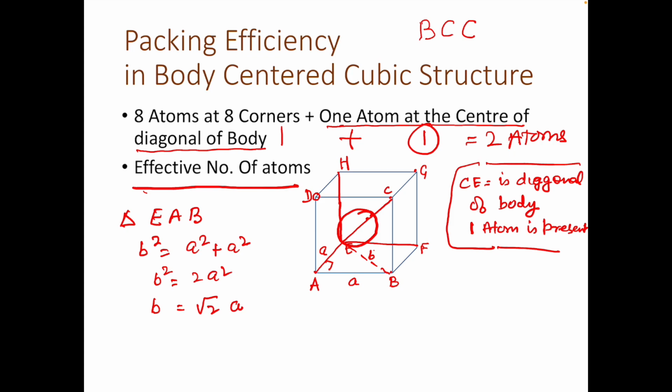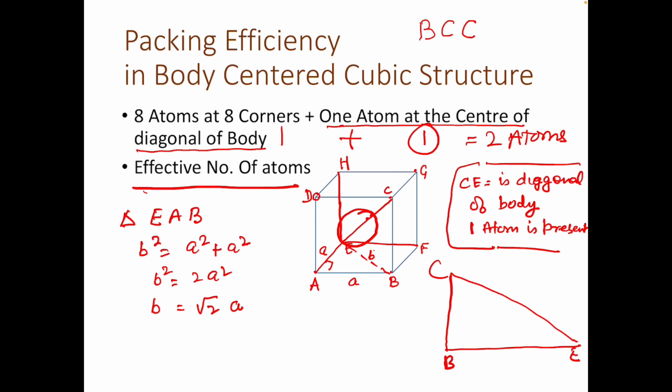Now we take another triangle, BCE. Here CE is the diagonal of the body. For simplicity, we have drawn this triangle outside so that we can understand it clearly.